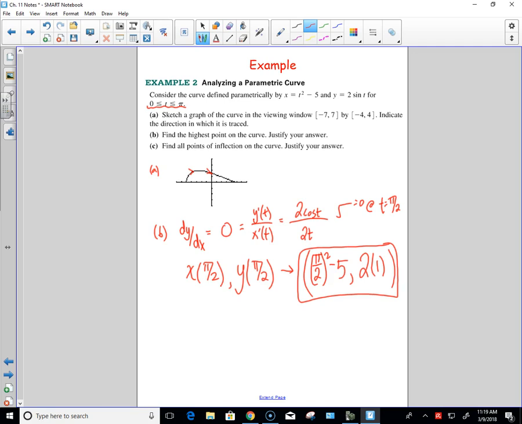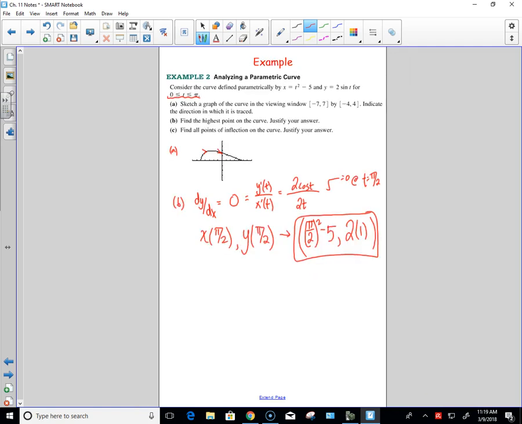Uh-oh, letter B. What did we not do to finish letter B? Justify. For relative extrema. Sign charts never work, although we didn't even do a sign chart. So there you go, go team.